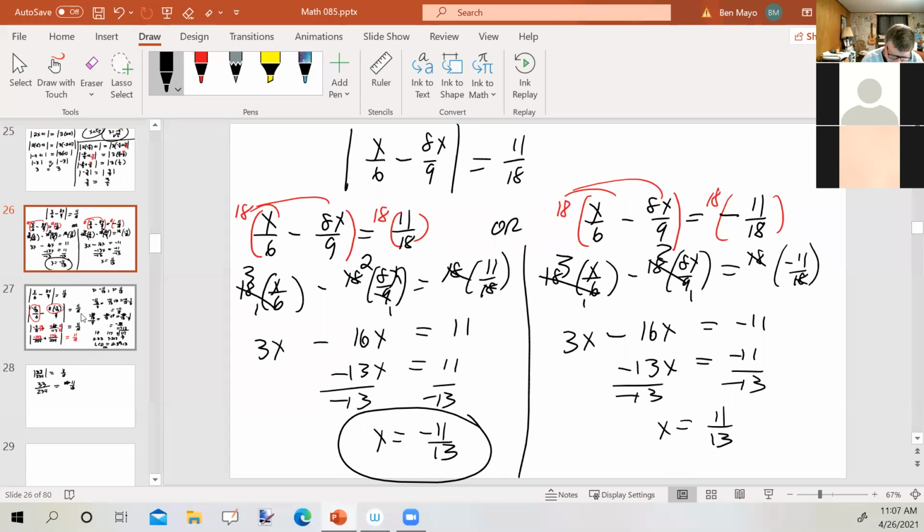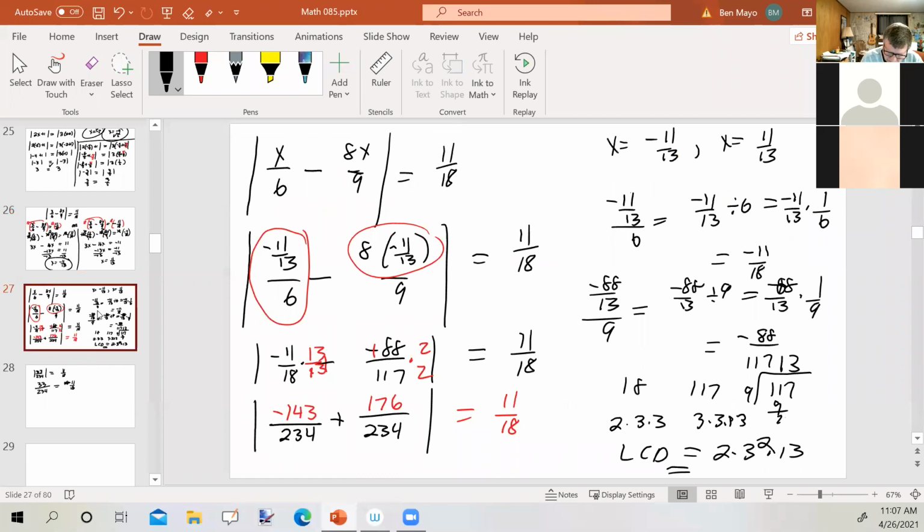Okay, so here's my original equation. Let's make sure that I've copied that correctly. I know it's turned around, but that's not going to affect the answer. Oh, it's right here. Now, if x is negative 11/13, that would go in there and there.